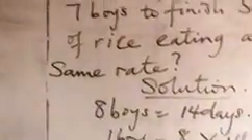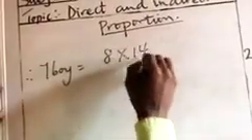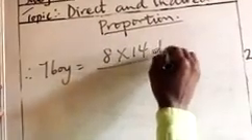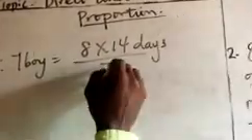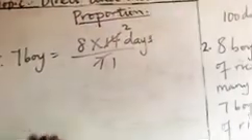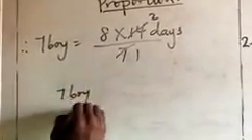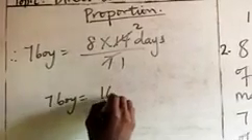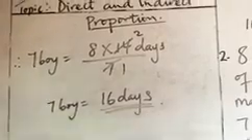So 7 boys will be equal to 8 times 14, and we are looking for days, over 7. 7 here will give us 1, 7 here will give us 2. 2 times 8, 7 boys equals 16 days.